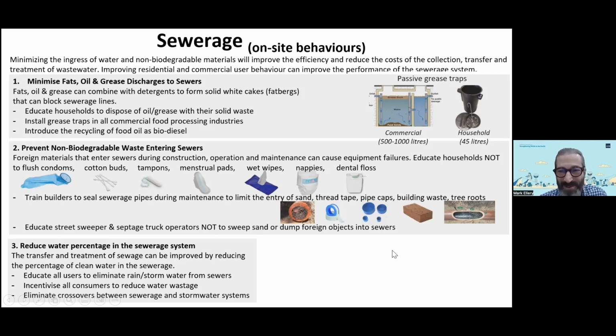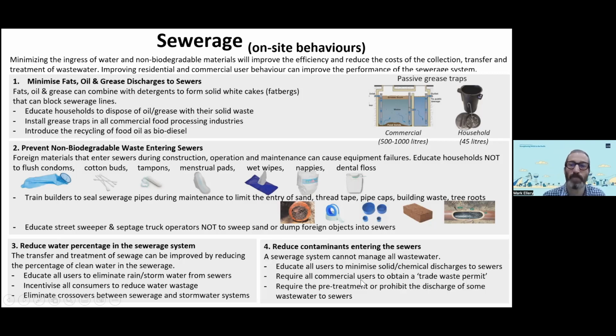Water in sewage systems presents a massive challenge for treatment plants and for the interface between sewers and stormwater. Educating households and users to reduce the amount of water and stormwater entering sewage systems really is key to optimizing sewage transfer and treatment.